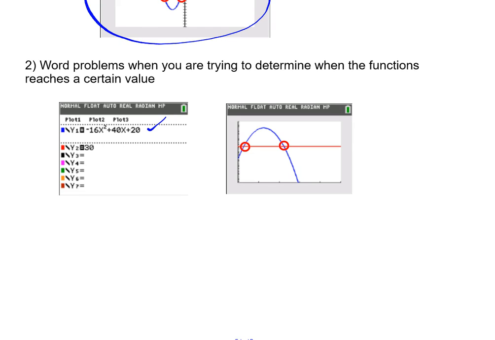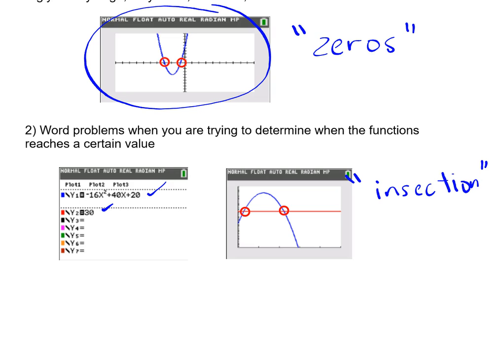I can just plug in y equals 30 for a second equation, and for that one I'm looking for where those two lines intersect. So on the calculator, I'm looking for the point of intersection instead of the zeros. So those are the two situations. Word problems are really good for graphing if you have your graphing calculator, especially if the numbers aren't great.